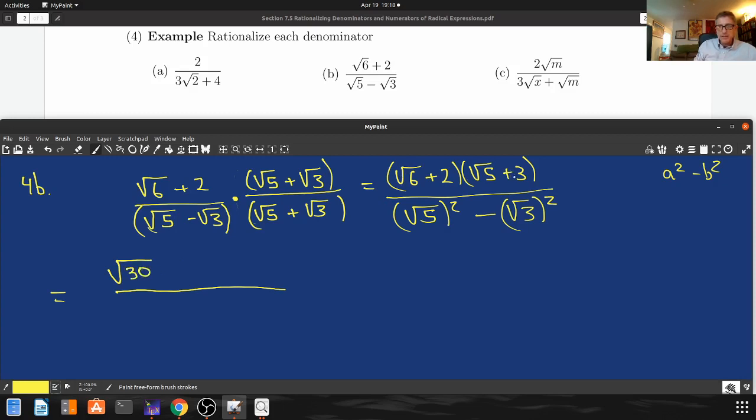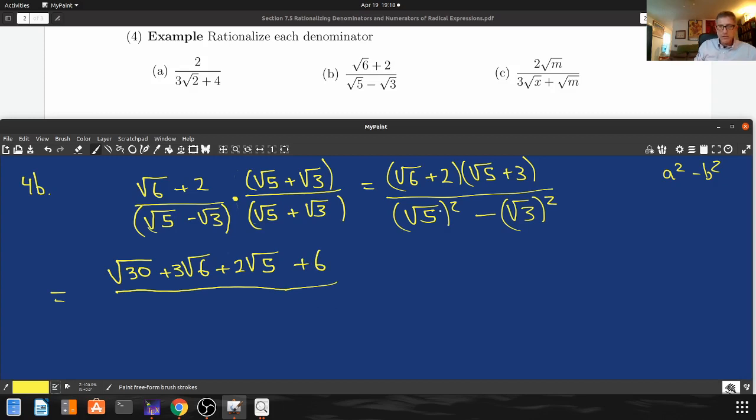Square root of 6 times 3. So that's plus 3 on the square root of 6. 2 times the square root of 5. And 2 times 3 is 6.